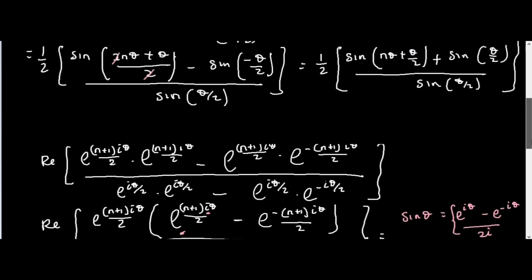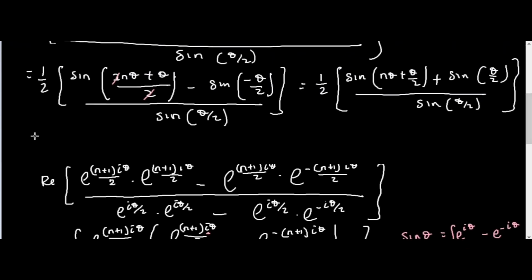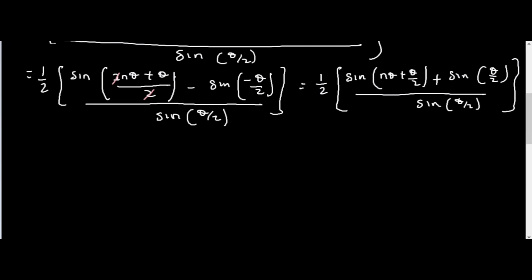Then from here, what do you think we'll do? Just split it. I will have 1 over 2. Let that 2 multiply that one there, so we won't waste time. Let me bring out the theta.